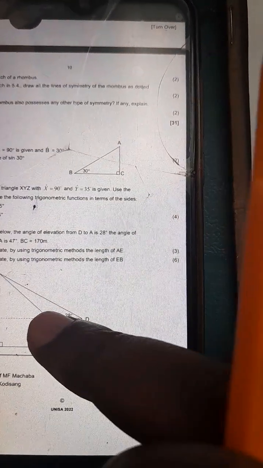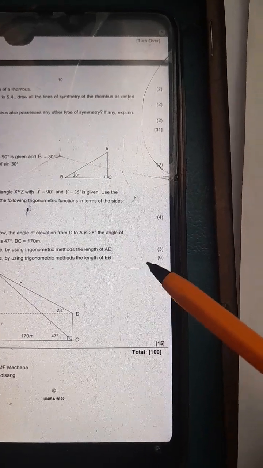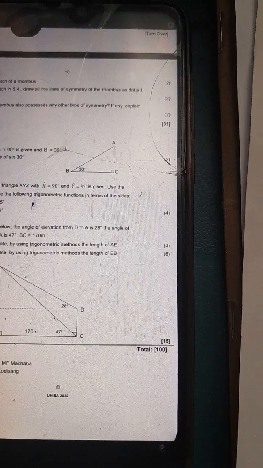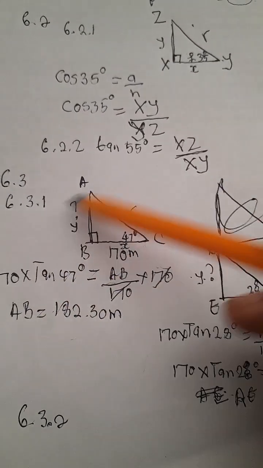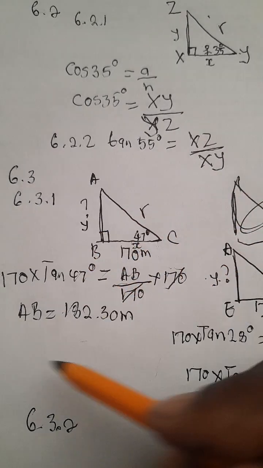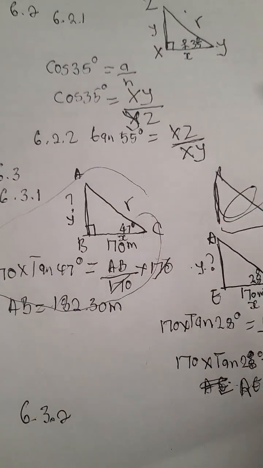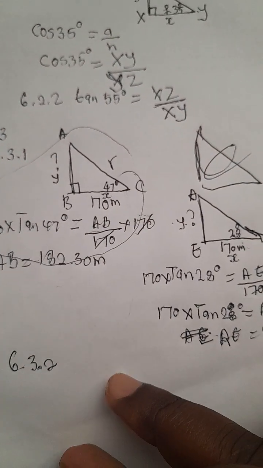So how many marks was that? It's 6 marks, guys. So this info of finding AB, I want you to listen very carefully. You will start with it here at 6.3.2.